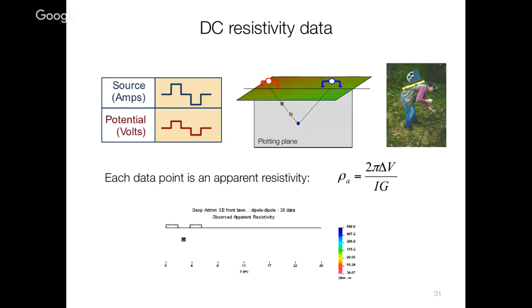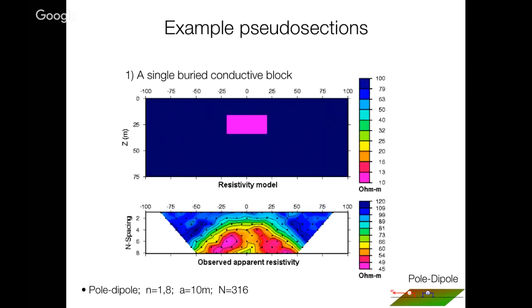But go ahead. If you want to see shallow, then everything has to be small, close to the surface.